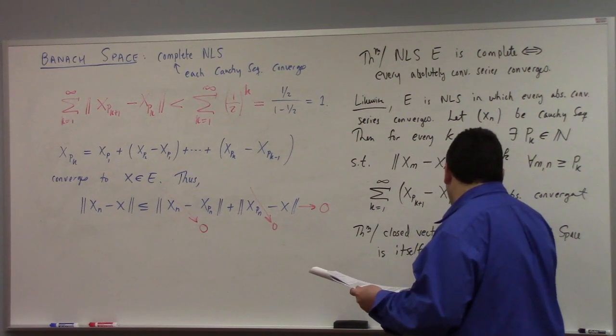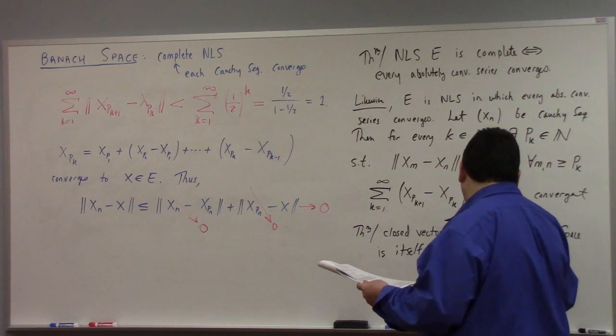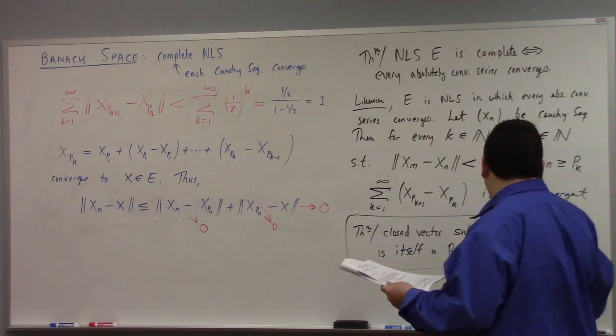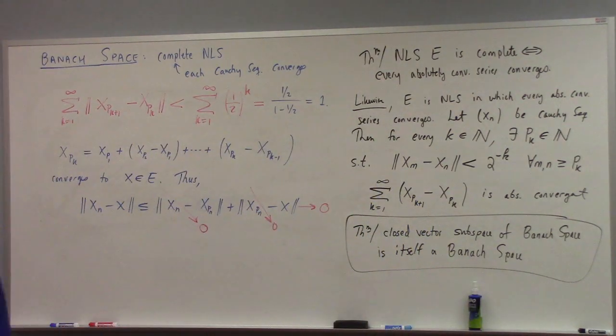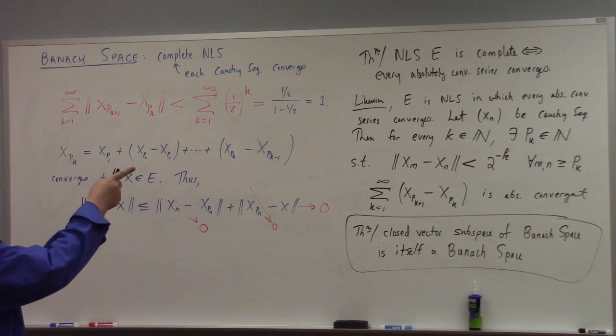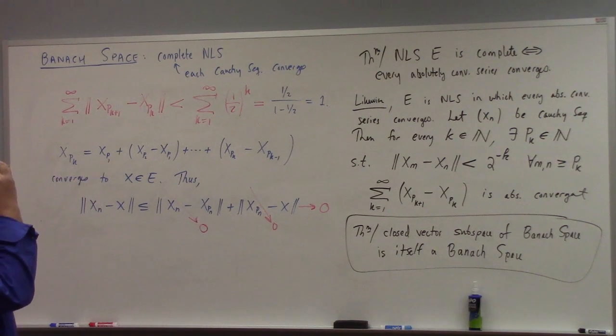So what was your question, Audric? Like, the sequence doesn't actually have to converge, it just has to be absolutely convergent? We're assuming here that every absolutely convergent series converges in this part of the proof.